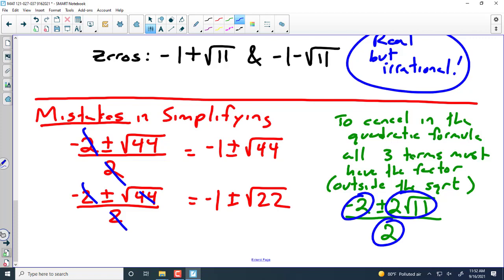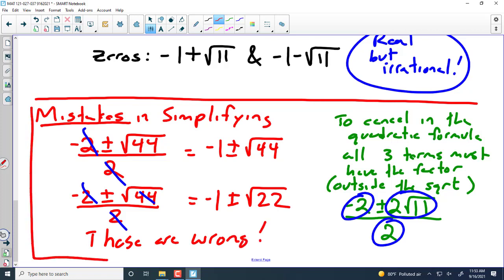All 3 of them to have something if you want to cancel it, and it needs to be outside the square root to cancel it. Otherwise, you're going to get a bad answer. These are wrong. These are wrong over here. Don't do those. Now, you'll get some practice with that when you do your homework, of course. I just wanted to let you know that that's one of the common pitfalls. People try to jump their simplifying too soon, and you can't do it.